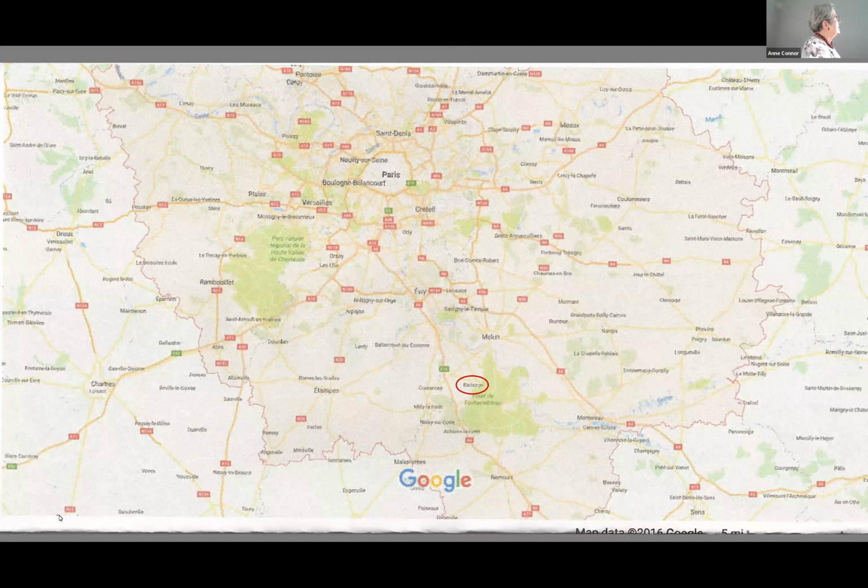So where is Barbizon? We have the city of Paris, and down here you have the forest of Fontainebleau. You know about the Fontainebleau Palace of Francis I. It's very close to it. And here is the forest that was the big forest where the kings used to hunt.